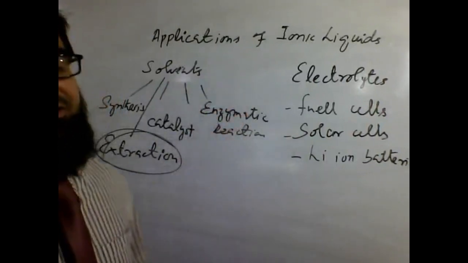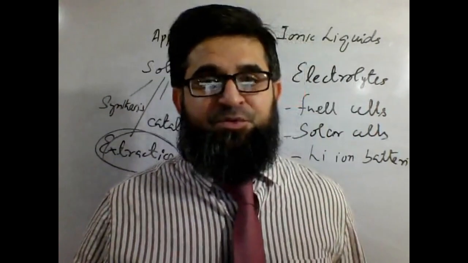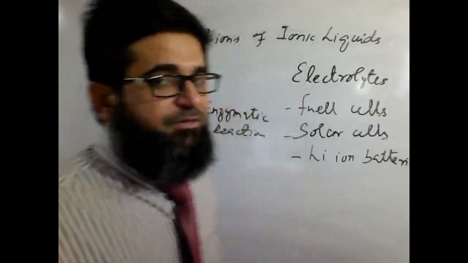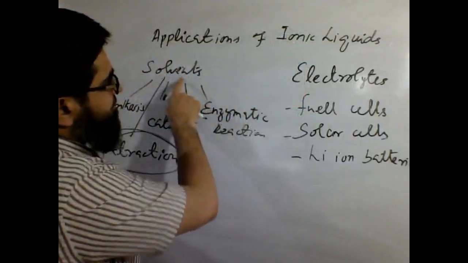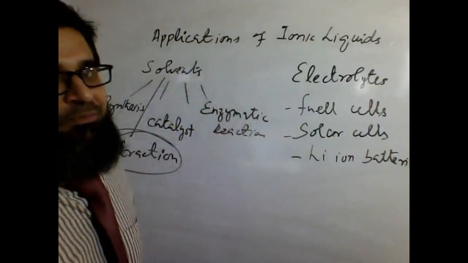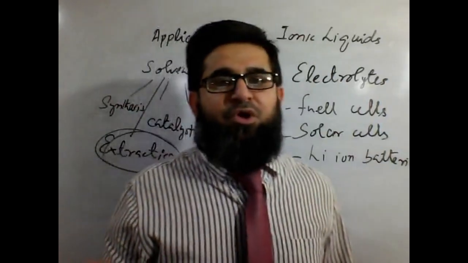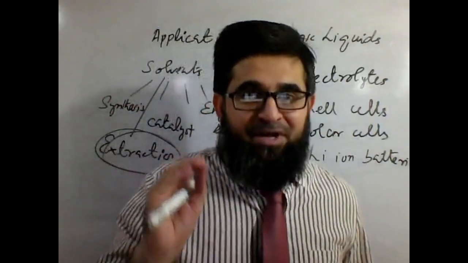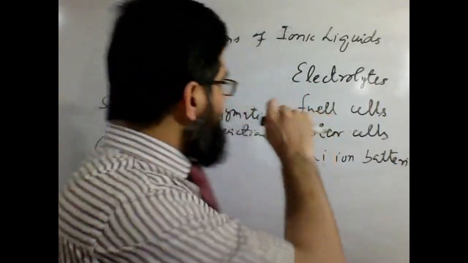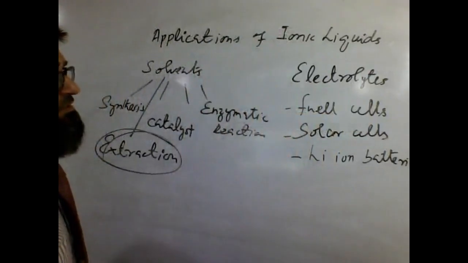We have an idea enzymes are very sensitive to the solvents, to the environment. They are so effective that they can even execute the enzymatic reactions. All sorts of solvent applications could be replaced with the use of the ionic liquids.